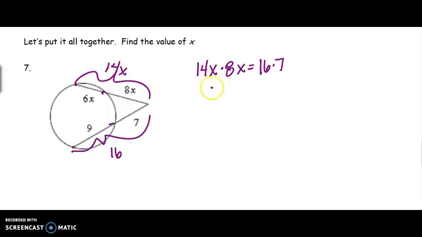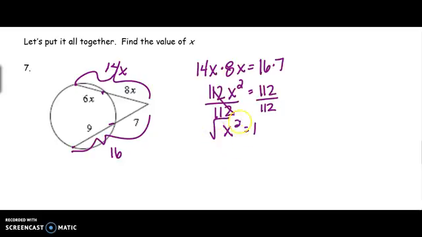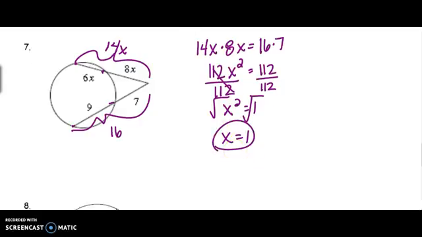So 14x times 8x is 112x squared, and 16 times 7 is 112. Move our 112 to the other side, and that goes into 112 all of one time. So remember, to get rid of a square, you have to square root, so x is 1. So I made it a little bit more difficult, but kept it a little easy.